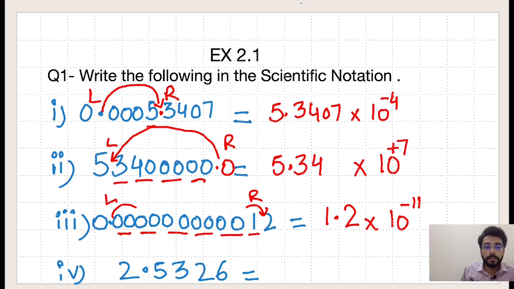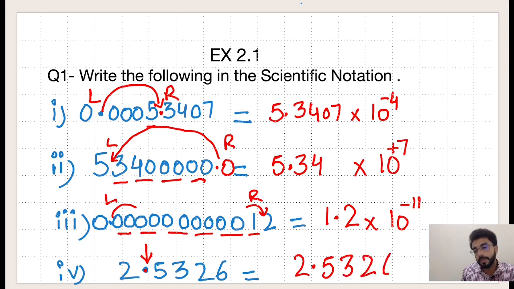Now in the fourth part, the decimal point is already in the standard position. We do not move this decimal point. So we can write this question as 2.5326 into 10 to the power 0.